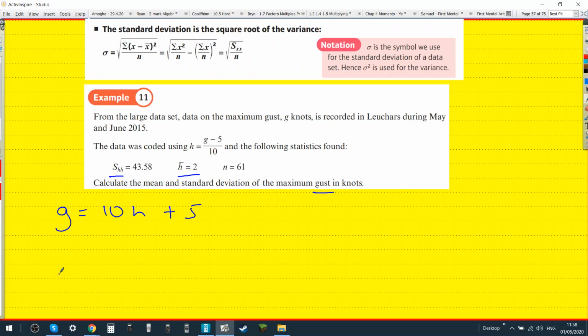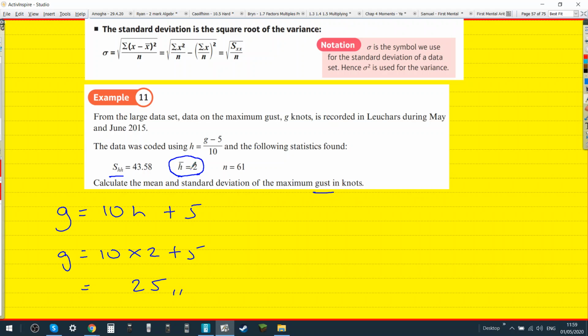So you have to go from the coded mean to the actual mean. Do I need to make 10H plus 5 equal to 2? This is H, not G. So you don't sub it for G, you sub it for H. So G is equal to 10 times 2 plus 5? Yeah. So G is 25.